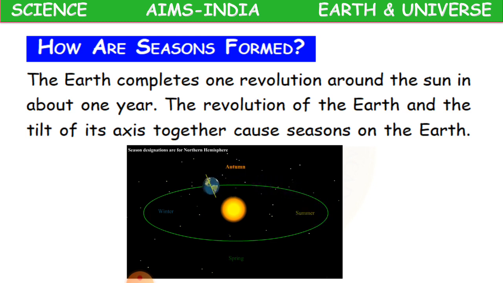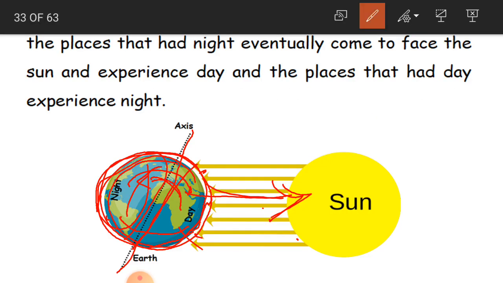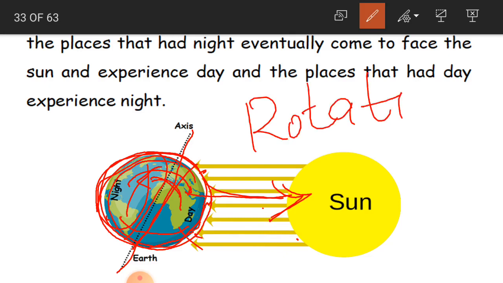So there is a difference between rotation and revolution. Okay, so this is rotation. This we call like earth is going to spin around itself. So this is called rotation. Okay, children, so this you have to remember always, because it is very important, and you should not get confused between rotation and revolution.